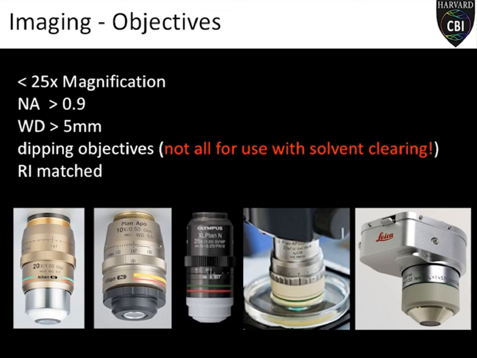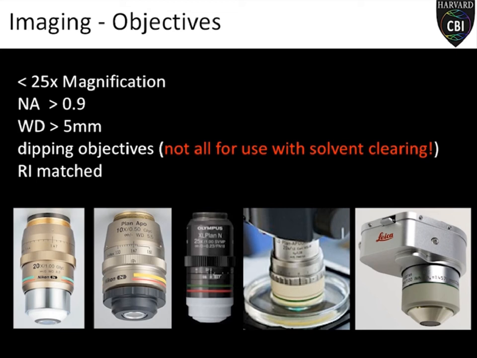Probably most importantly, they have a really long working distance. So they can all image more than 5 millimeters into tissue. They're dipping objectives, which in general makes it a lot easier to mount your sample. You don't have to worry about creating some sort of chamber with a cover slip or anything like that. But just be careful, not all of them are to be used with solvents.